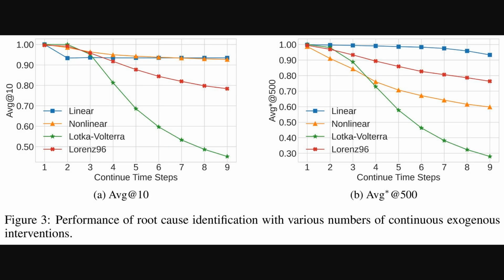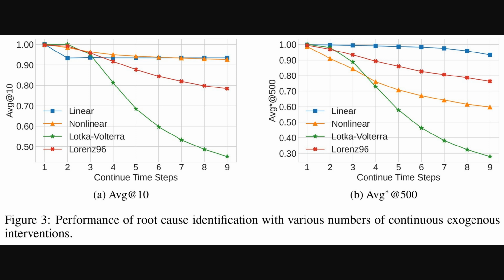Okay, so after seeing AERCA's strong performance in identifying the root cause time series, Figure 3 now explores how well it handles anomalies that persist over time. These two plots show the performance of root cause identification as the number of continuous exogenous interventions, essentially how long the underlying cause of the anomaly lasts, increases from 1 to 9 time steps.